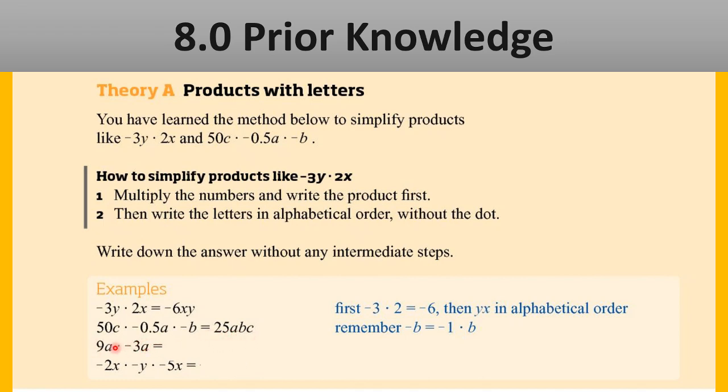Remember what happens when you multiply a letter times itself. A times A. We don't write down AA. We say, well, that's the same as a squared. So that becomes minus 27a squared. And here, if you have something like this, you know the rules. First multiply the numbers. Minus 2 times minus 1 times minus 5.